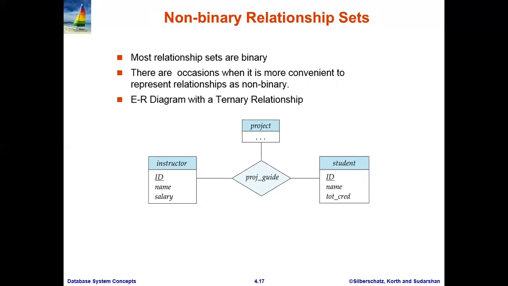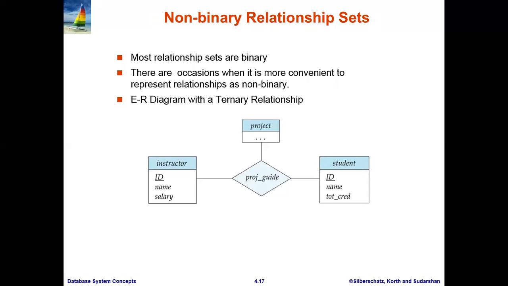Most relationship sets are binary. There are very few occasions when it is more convenient to represent relationships as non-binary relationship sets. And here is an example, the ER diagram with a ternary relationship set.